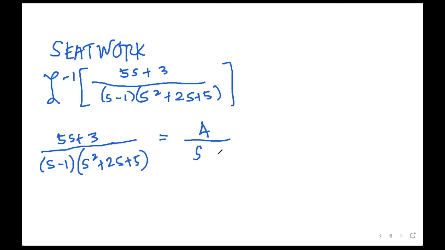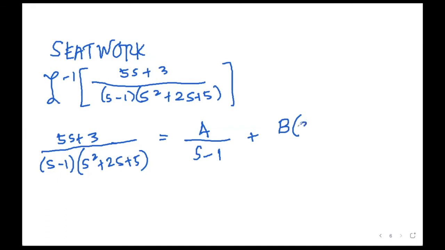So the first term is a over s minus 1 plus itong quadratic, dalawa yan yung constants na involved. So, continue mo lang yung letter. So, B, pwedeng mag-interchange yan. Unahin mo na yung quadratic or pwedeng mauna tong distinct. B times s. Or ang gagawin lang natin, pwedeng i-differentiate natin yung denominator nito.